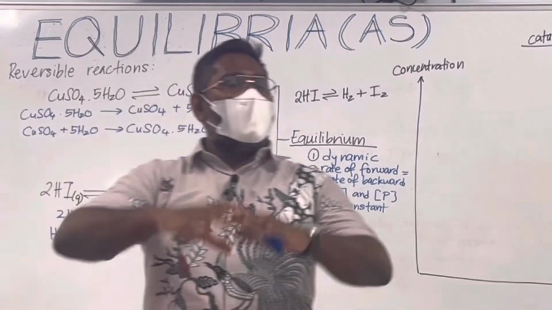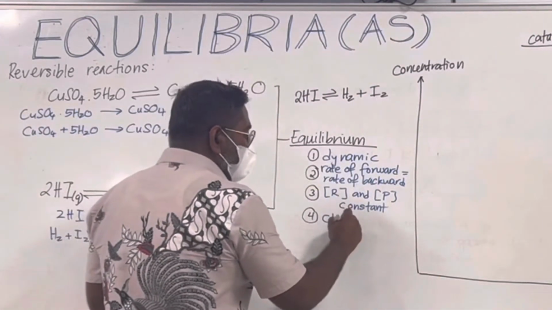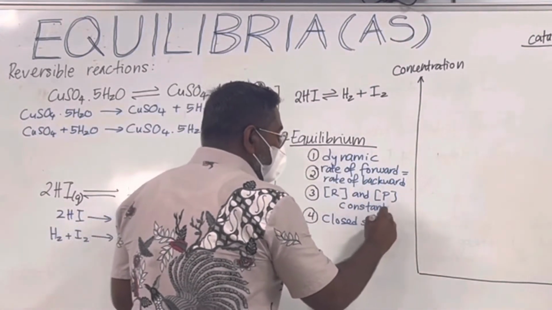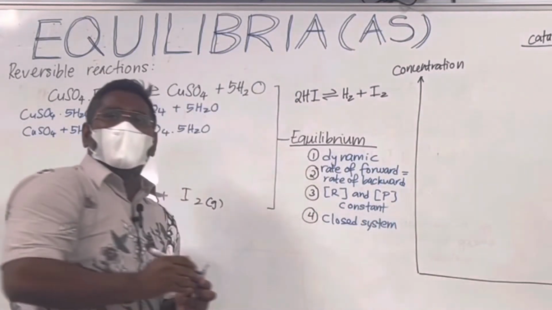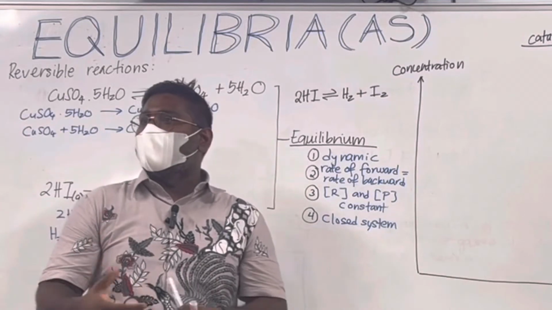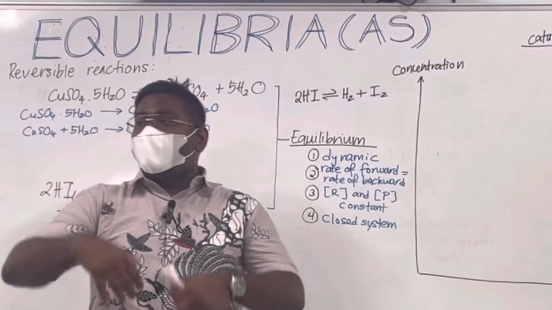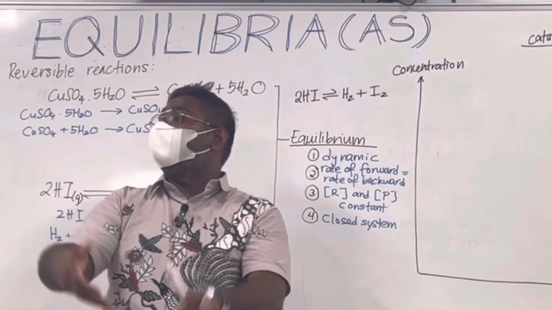And number 4, in order to reach a dynamic equilibrium, you must make sure that all this is happening in a closed system. So we have two types of system, closed system and open system. What is the difference between closed system and open system? Closed system means that nothing goes out, nothing comes in.